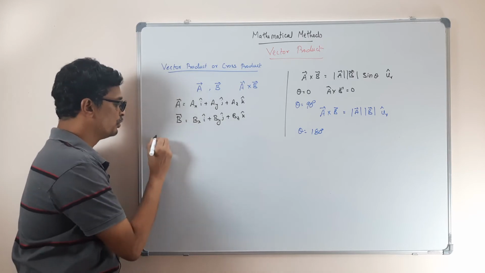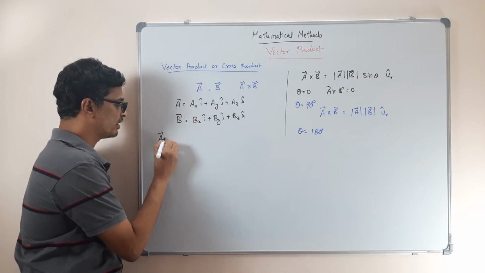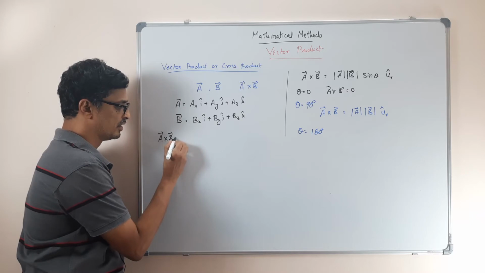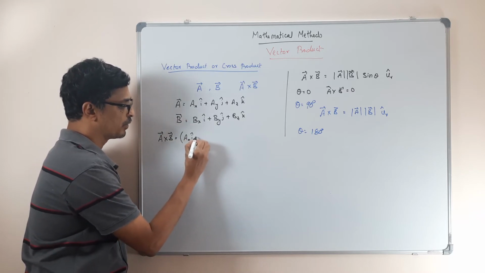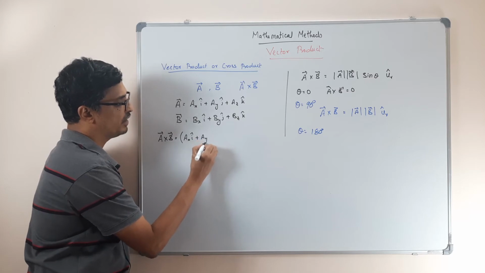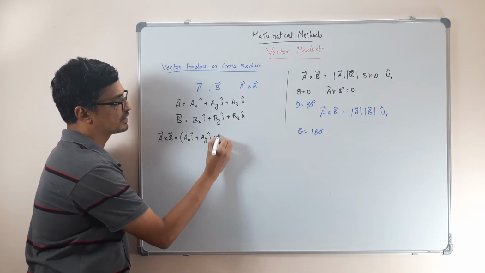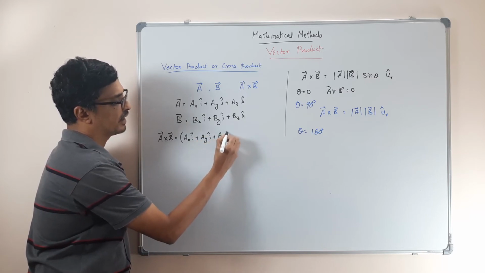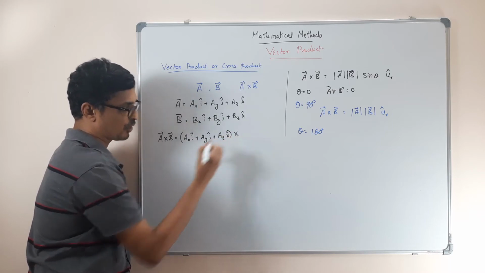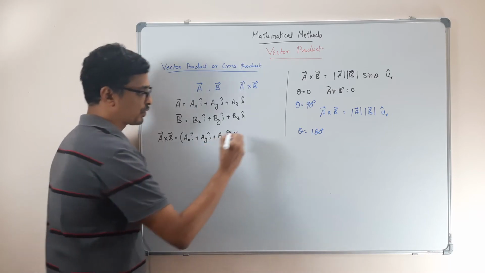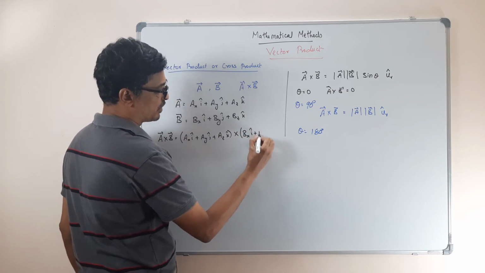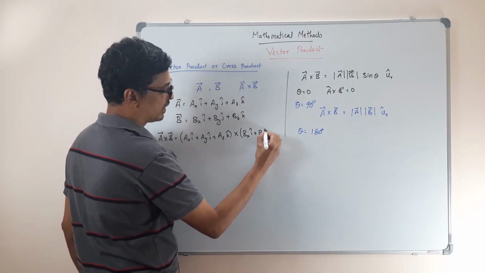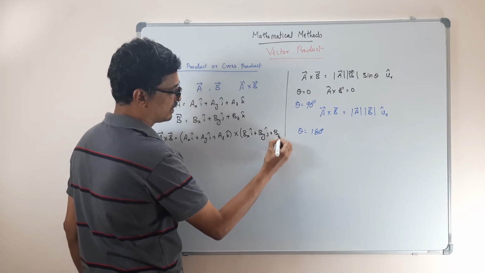So what we want to do is A vector cross B vector. That will be equal to A vector, which is AX i cap plus AY j cap plus AZ k cap, cross product of BX i cap plus BY j cap plus BZ k cap.